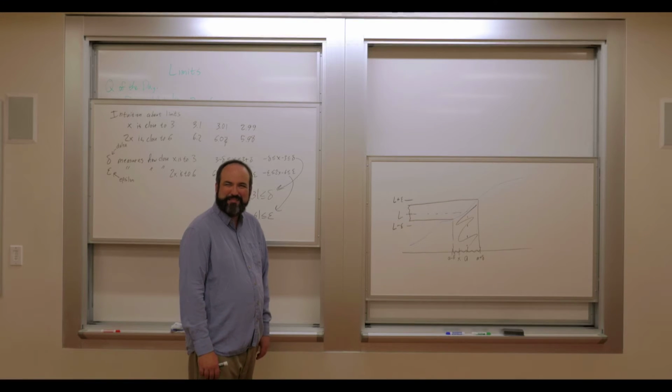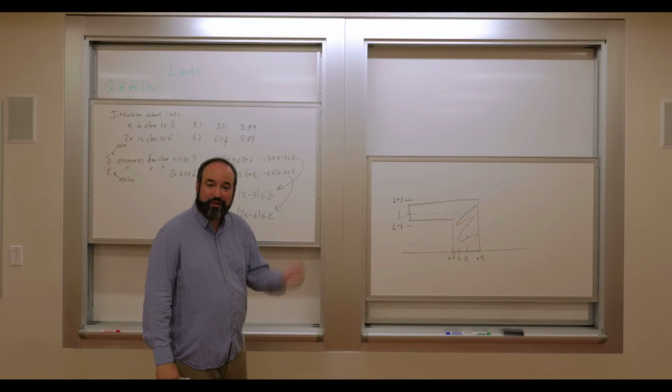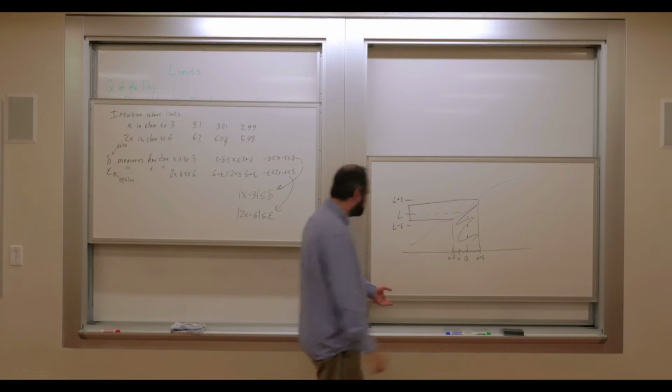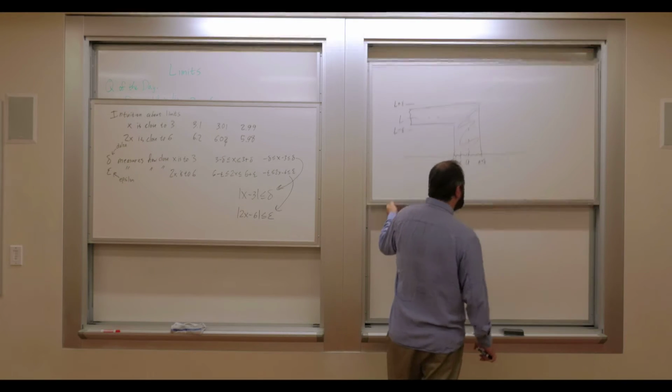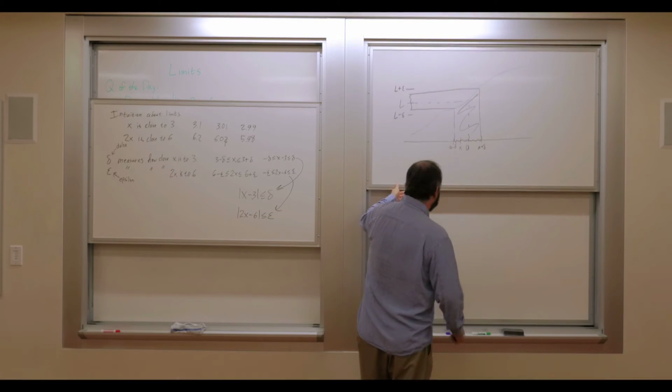So how can I say that mathematically? How can I say that logically, using our for all and our there exists? Well, first I'm going to write it in words, then I'm going to write it using the math notation.